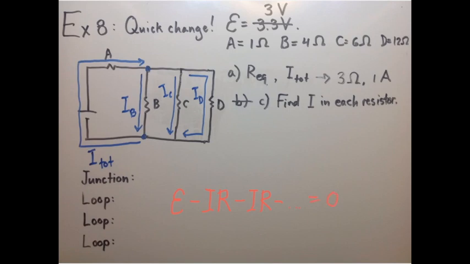I should say that we don't always have to include a battery on a loop equation, and later on we will see somewhere we don't, but at this point, it's probably easiest to just stick with all of our loops going through the battery.